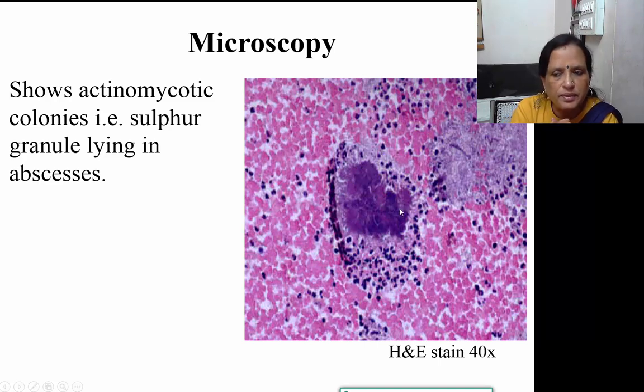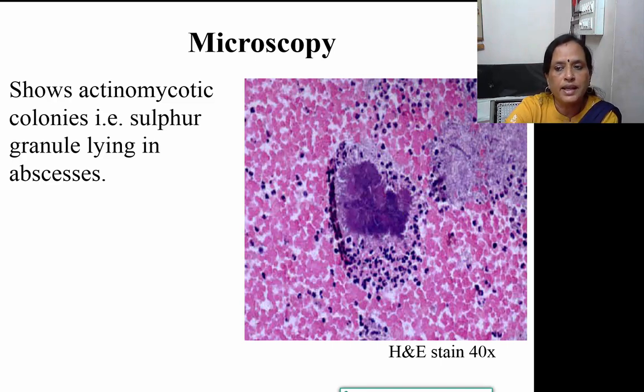They've all come together and they're all surrounded by what? Acute inflammatory cells. So when we look at this microscopy, it looks like a microabscess, that is a collection of plenty of neutrophils, and in the midst you see the hero lying there. What is it? The organism, actinomycotic colony.